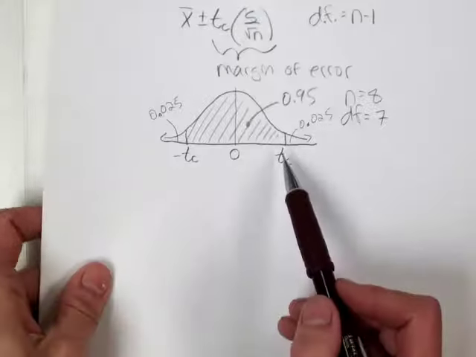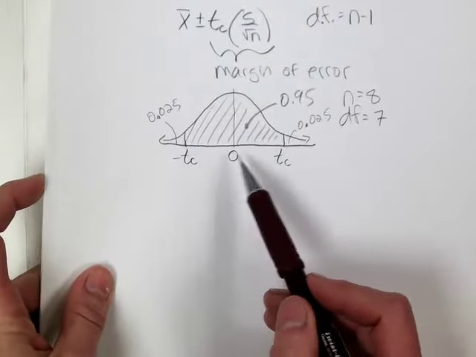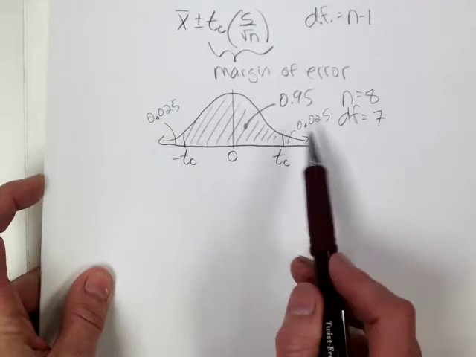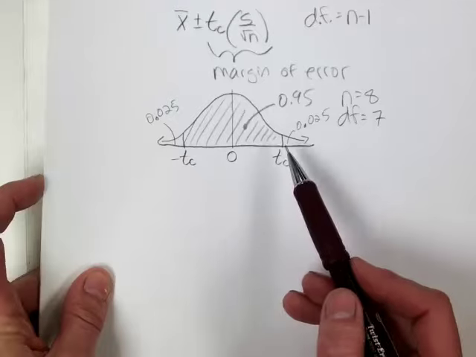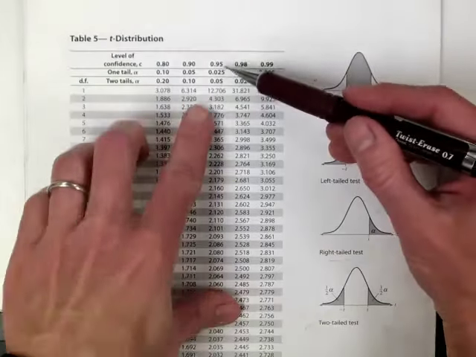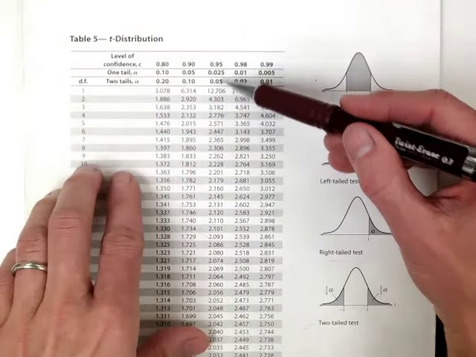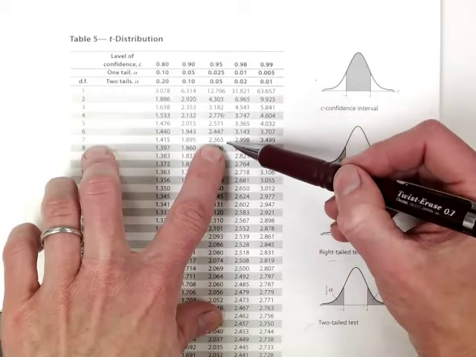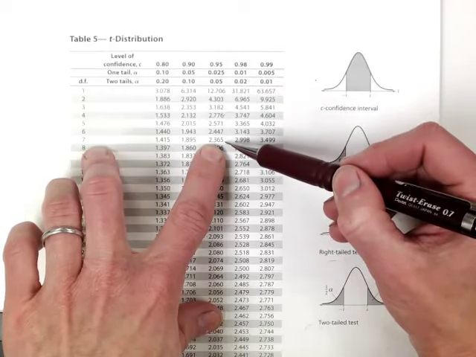So that's consistent with my sketch. Okay, I have 0.025 in one individual tail. If I add the 0.025s together, I have 0.05 in two tails. Okay, and then my level of confidence is 0.95. Okay, so I'm going to read down to 7 degrees of freedom and over to the right column, my 0.95 level of confidence.